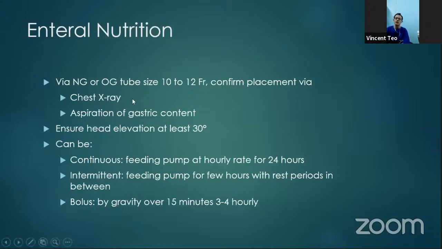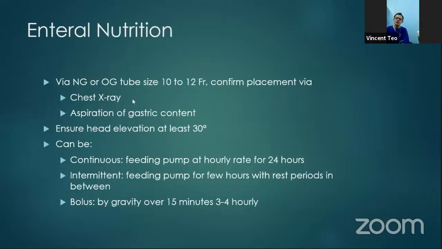Of course, what we commonly do in non-COVID patients is we tend to auscultate, but that is associated with false negative placement. And in COVID patients, we don't auscultate. I think in some places they actually just feel for the gushing of air at the abdomen.